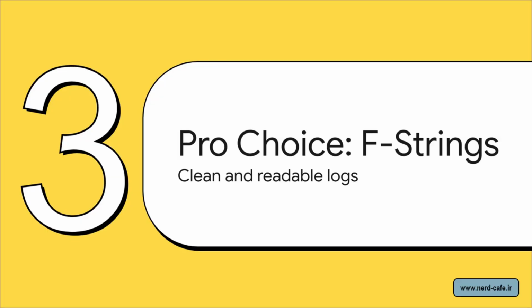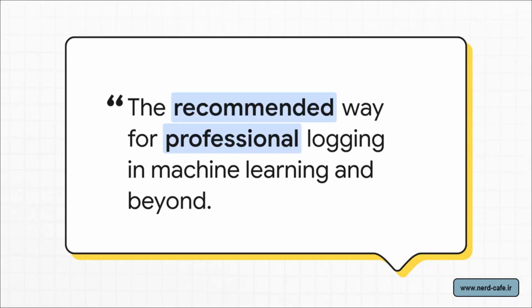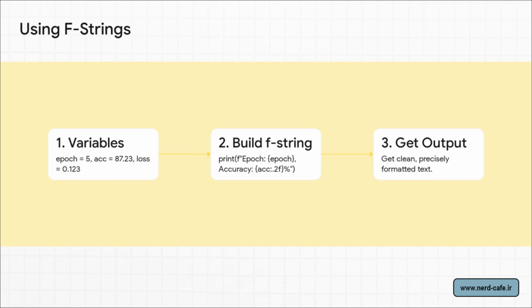All right, so we've fixed our spacing, we've fixed our new lines. Now let's level up to what the pros use for really serious logging, especially in fields like machine learning. Let's talk about f-strings. And this isn't just another option. This is the modern standard for sure. F-strings, or formatted string literals, give you this incredible power and readability when you need to stick variables directly inside of a string. So here's how it works.